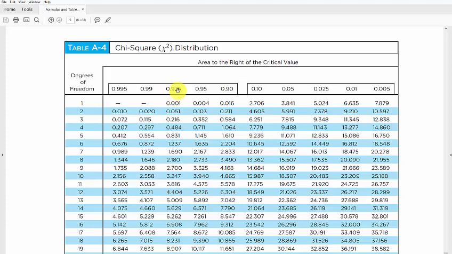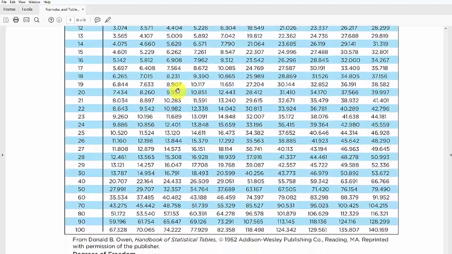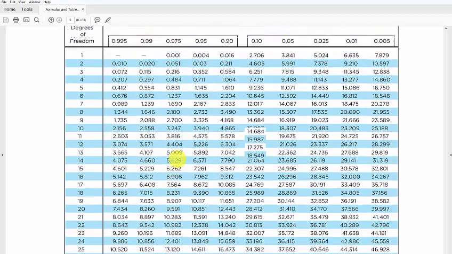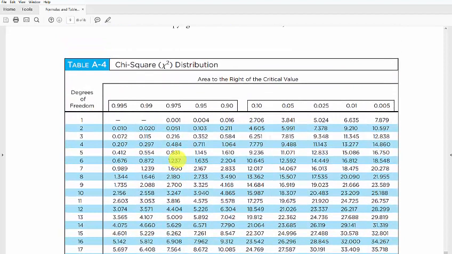And we have 39 degrees of freedom. The number in the table that's going to be closest to that would be the 40 degrees of freedom. And so we would use that number. So that's 24.433. So that's one of our critical values. The other critical value is going to be this one with the 0.025. So that's the area to the right.